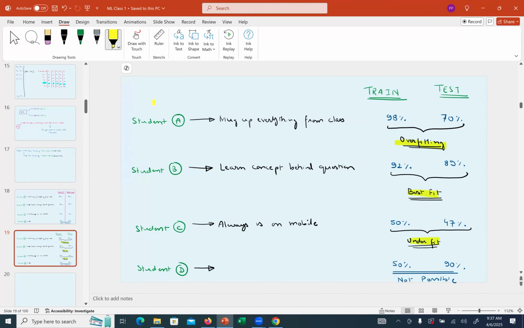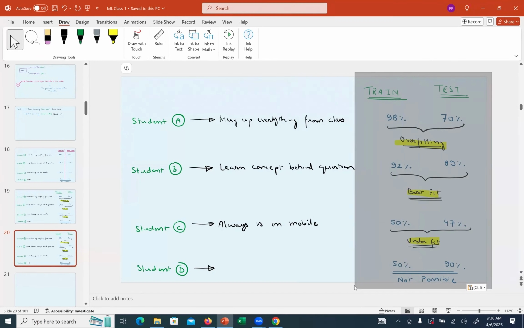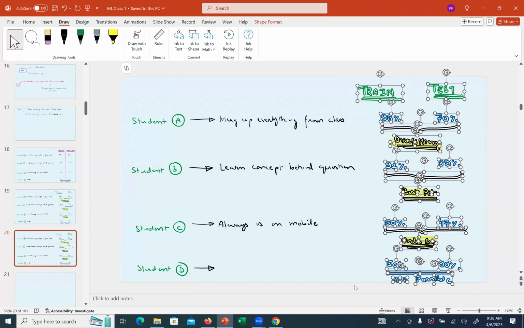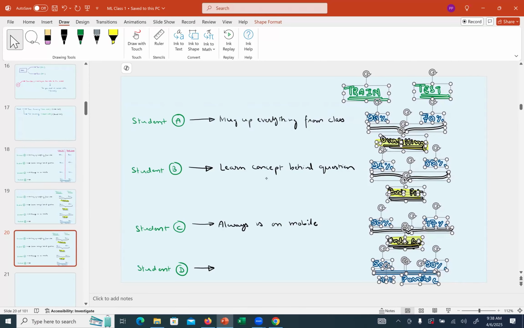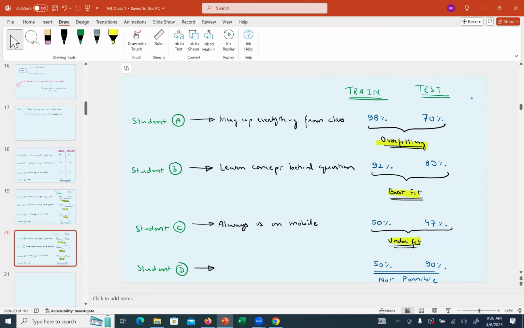Now in all these cases, what is my model accuracy? If I ask you, in this case, what is my model accuracy? Is it the average of these two, train or test? Train accuracy maybe 90 to 100%, but test will be 40 to 50 or 60%.